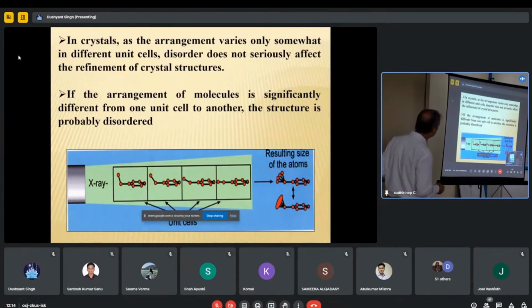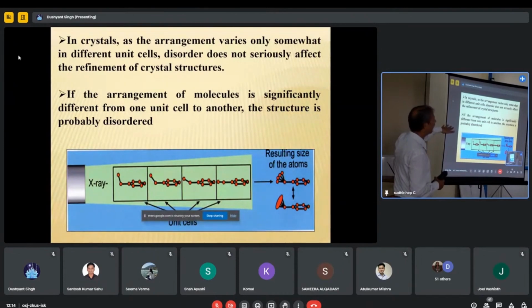Because in the first unit cell the methyl group is here, in the second unit cell the methyl group is here, in the third unit cell it is here, and in the fourth unit cell it is there. So you will get an elongated ellipsoid like this, not a point ellipsoid. Now if this ring is stationary, it is not moving, in the first unit cell the ring is this, second also this, third also this.